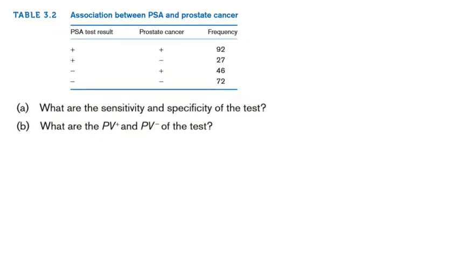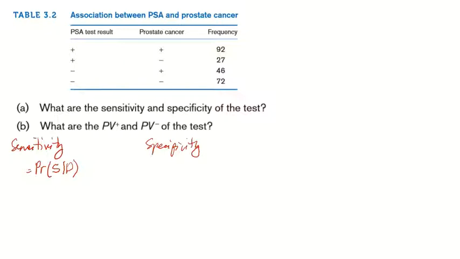So first, let's solve for sensitivity. Sensitivity is just the probability of having the symptom when the disease is present. Okay, so for sensitivity and specificity, we group this population or sample of people into two groups.